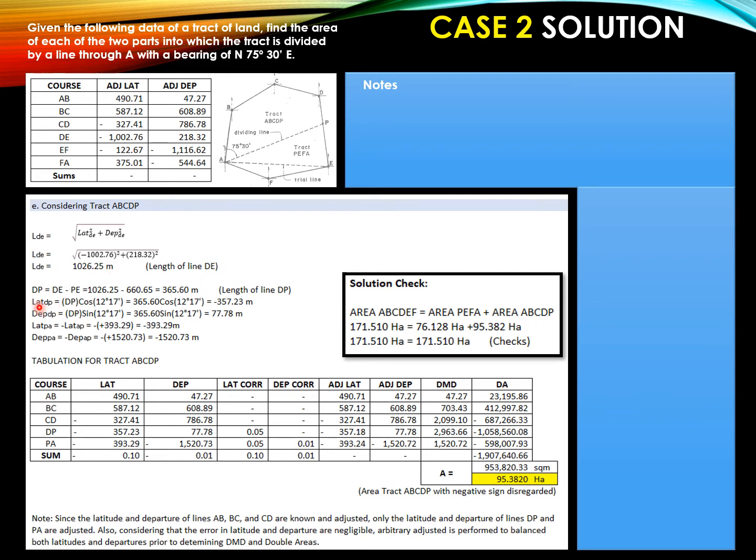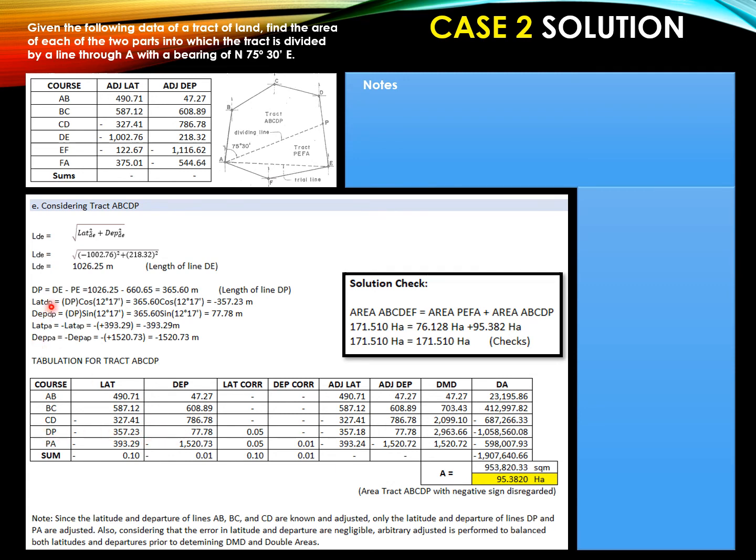So, ang next one is, kailangan natin malaman si length of line DP is equal to DE minus PE. So, DE minus PE. Okay? Si PE, para makuha natin si DP. Kasi kailangan natin siyang makuha yung latitude and departure ng line DP, which is here.